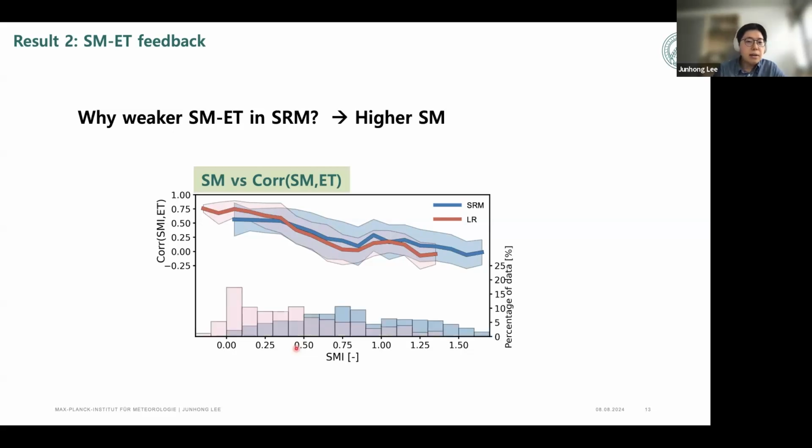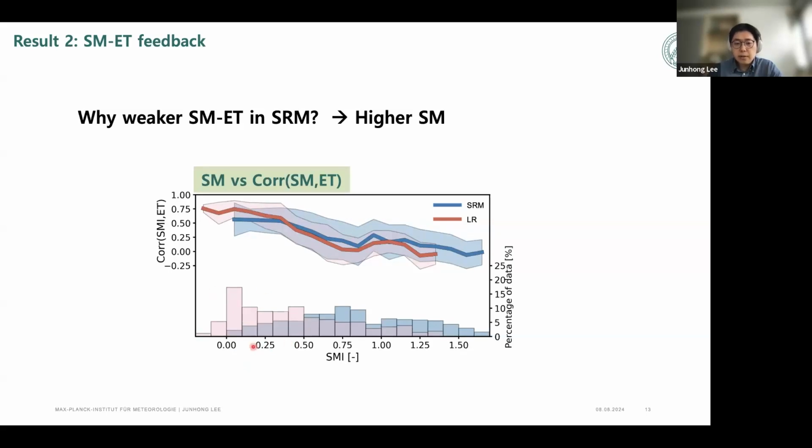Then I check the histogram of soil moisture. I found the low resolution simulation has more drier soil than the storm resolving simulations. Here, the red boxes are the histogram of low resolution, and it has very dry soil.